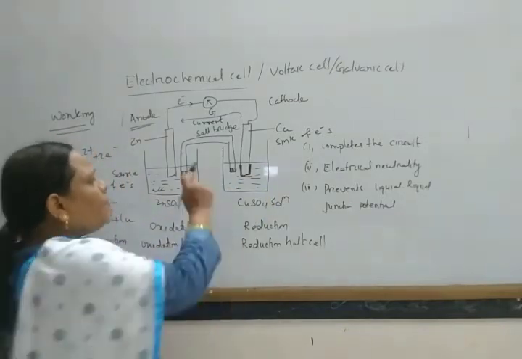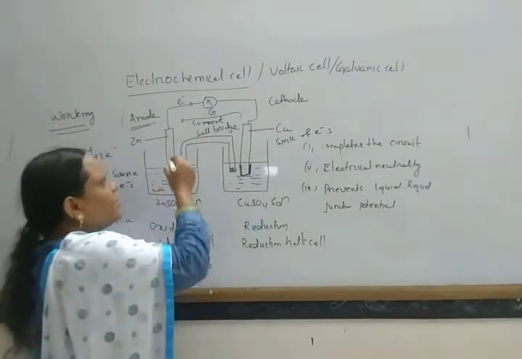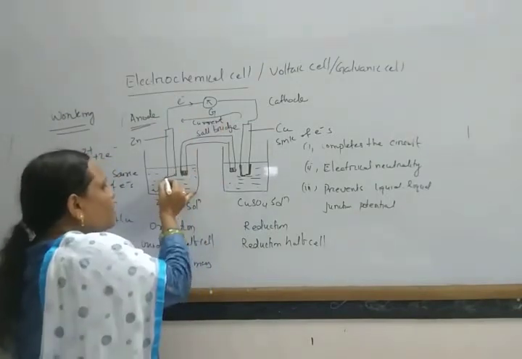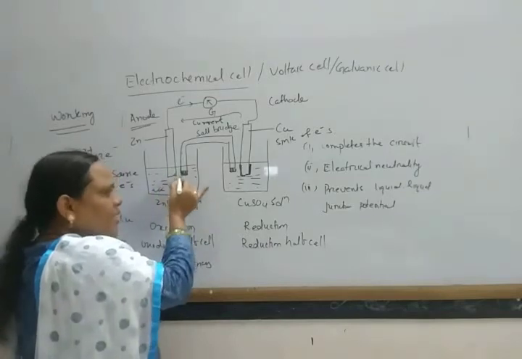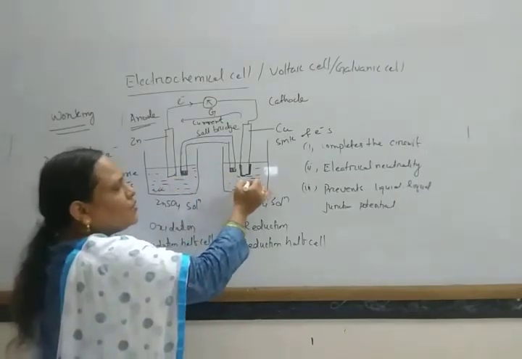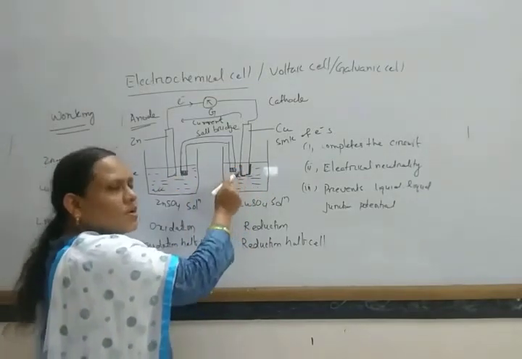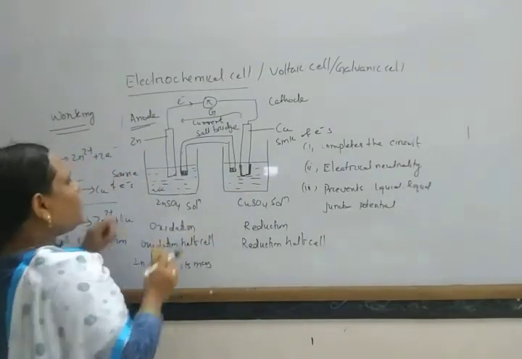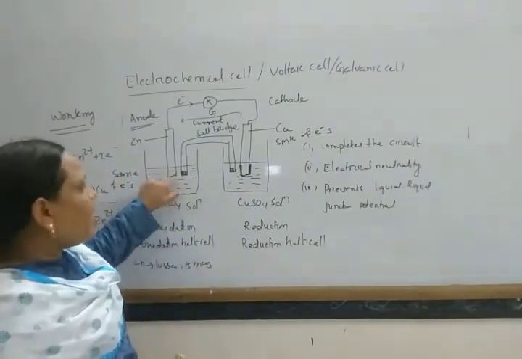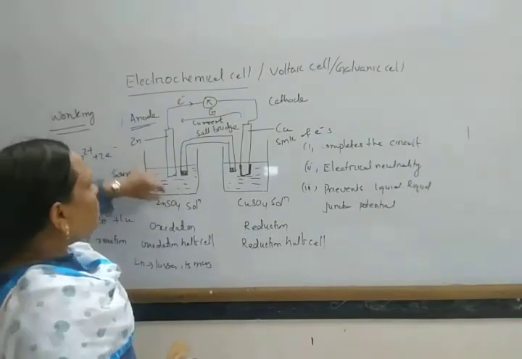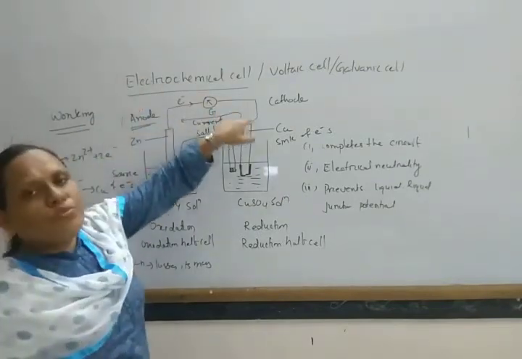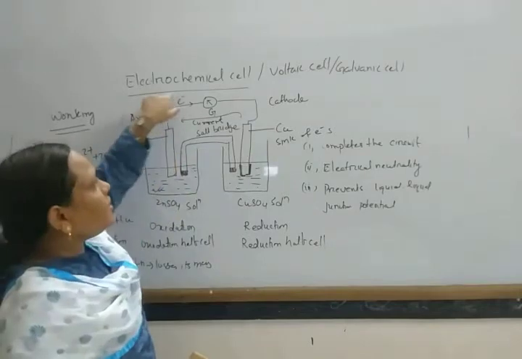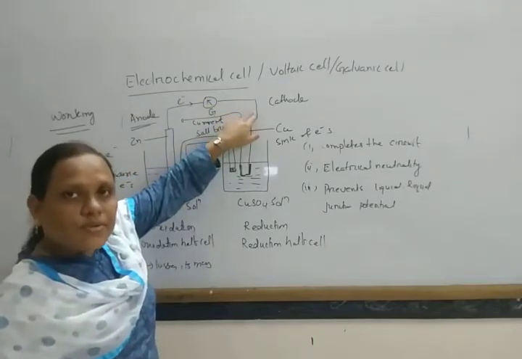After some time, when the electrons have flowed, more Zn2+ ions are accumulated here, and here, as Cu2+ is converted to Cu, more sulfate ions are accumulated here. As more Zn2+ ions are accumulated here, they don't allow the electrons to move in the outer circuit.